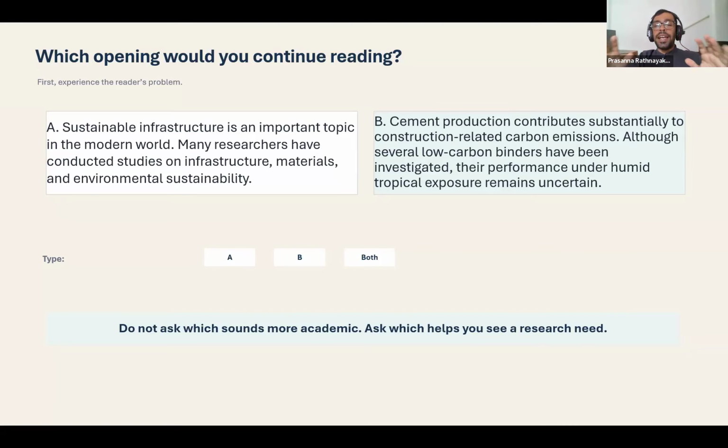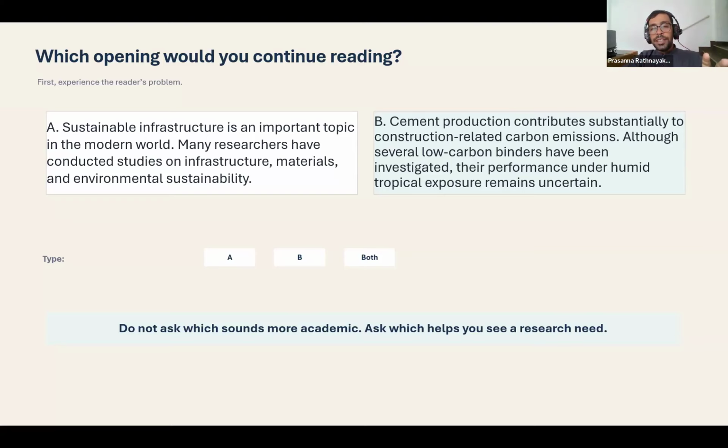It should help the reader enter the precise research space, that's number one. A broader sentence may be true, but true background is not always useful background. Now you might think giving lots and lots of details about the background might set the ground for your introduction, but it's not the case.